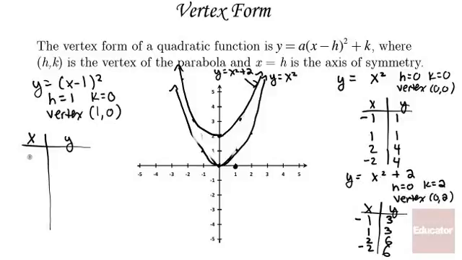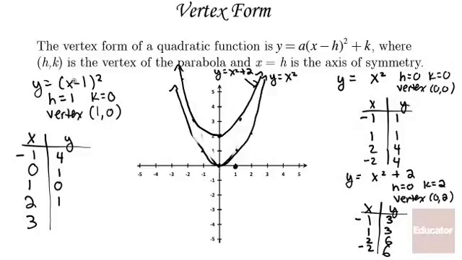For this function, when x is negative 1, then negative 1 minus 1 is negative 2 squared is 4. When x is 0, 0 minus 1 is negative 1 squared, which gives me 1. I already have the vertex at 1, 0. So let's pick 2. 2 minus 1 is 1 squared is 1.